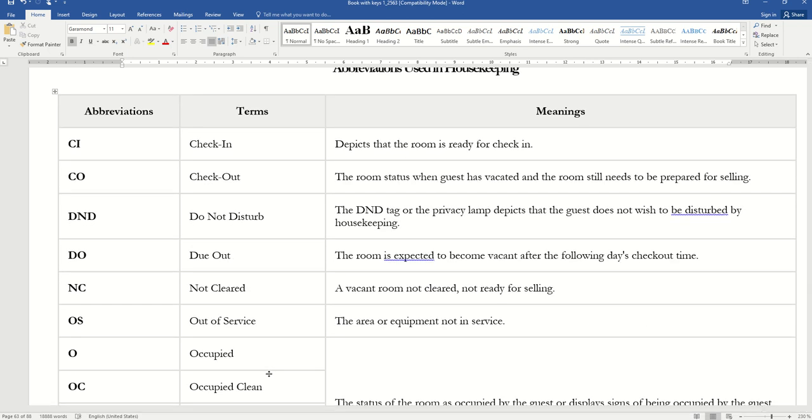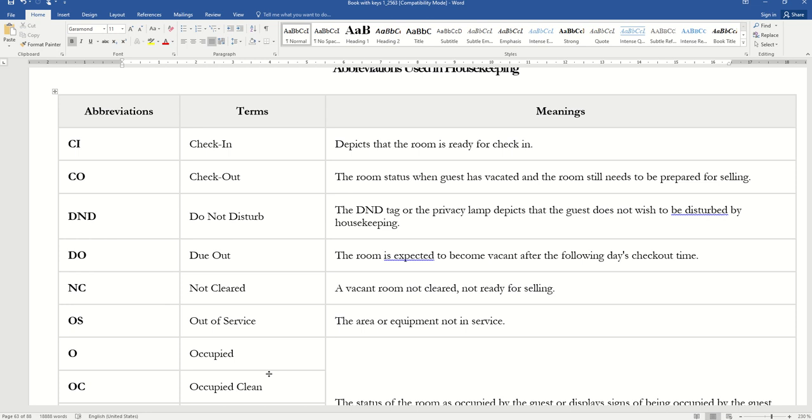Abbreviation CICO, check in, check out. DND. Have you ever heard? When you stay in the hotel, enter the room and you can see a tag or a sign: DND.